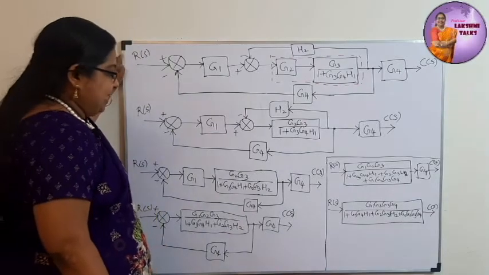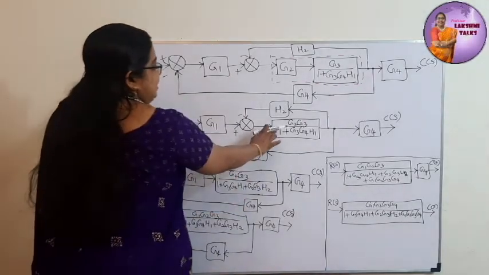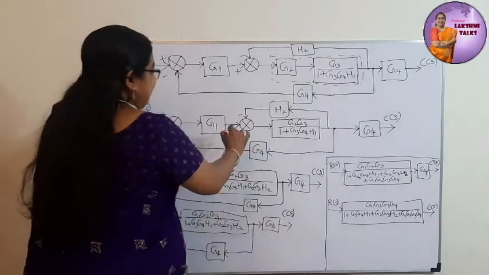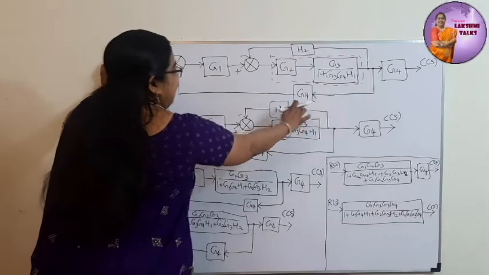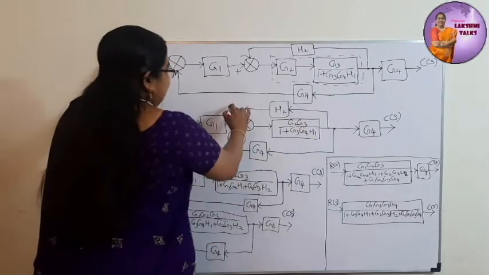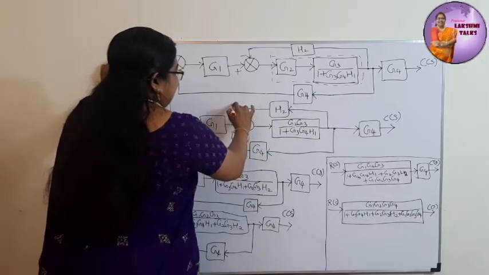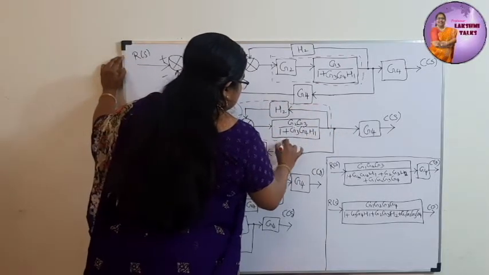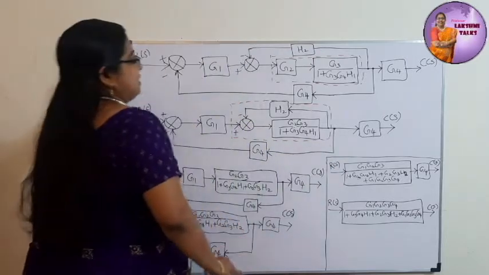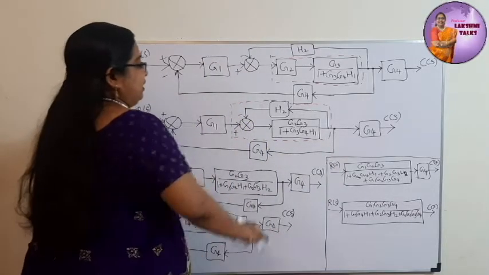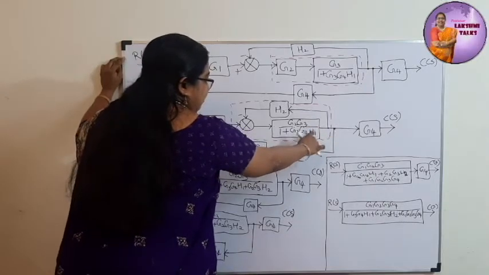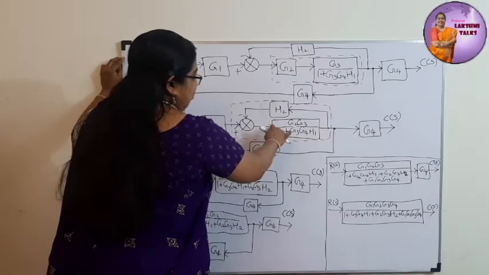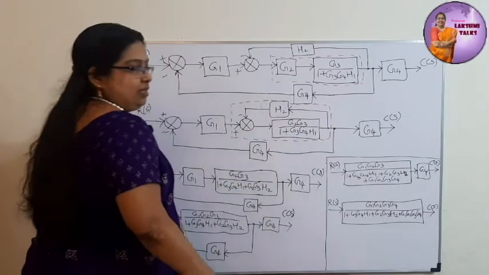Now we can see that these two seem to be a simple feedback path, right? This is a forward path and that is a feedback path. In this step we will reduce this feedback path. So this is G forward divided by negative feedback, so this divided by 1 plus this into this.